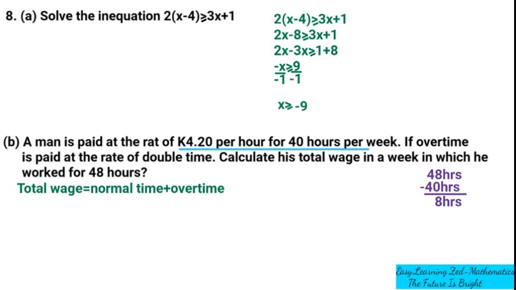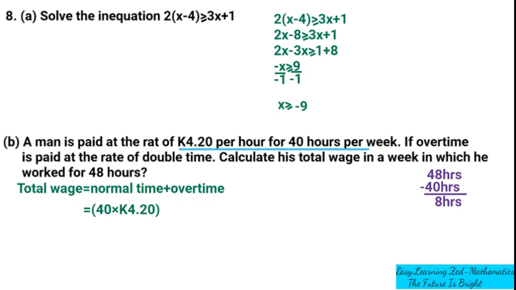So we are going to multiply the normal 40 hours by 4.2. Then after we do that, we're going to calculate how much he earned for working 8 extra hours.